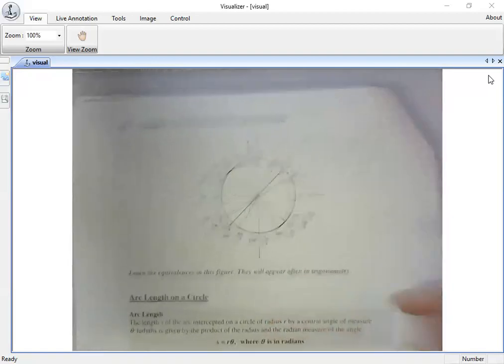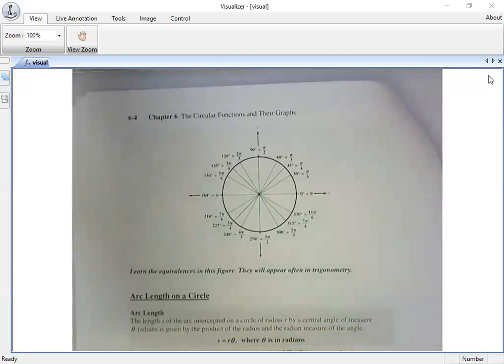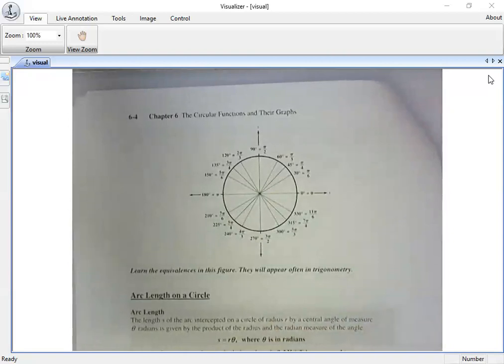Now, this is called a unit circle. And I actually have a handout that I will give you next class that the title on it says Trig Cheat Sheet, which is a terrible name because I don't want you to think of it as a cheat sheet, but it will provide some of the key information you need to know in order to do the things we're going to be doing in Trig.